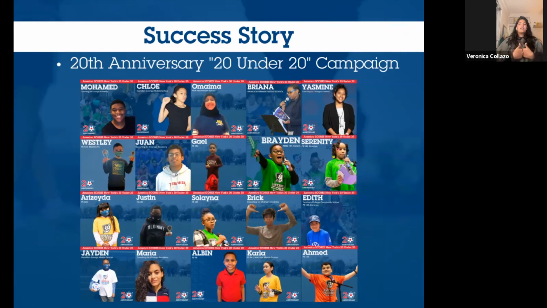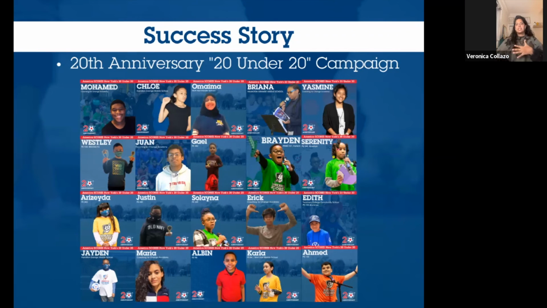And we're able to use their story and their words to express what America Scores has been about since 2001. And then from there, we were able to structure our entire year around that. So we were able to go to media and tell them a story about the 20 under 20. And we were able to go to our benefit and theme it around our 20 under 20.